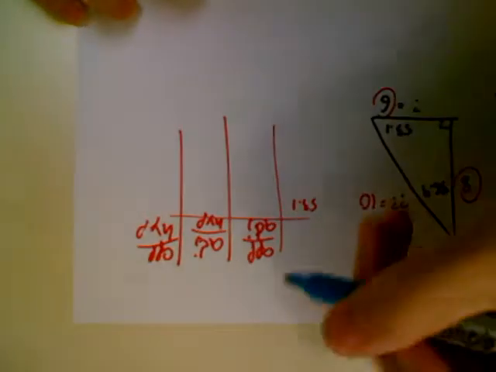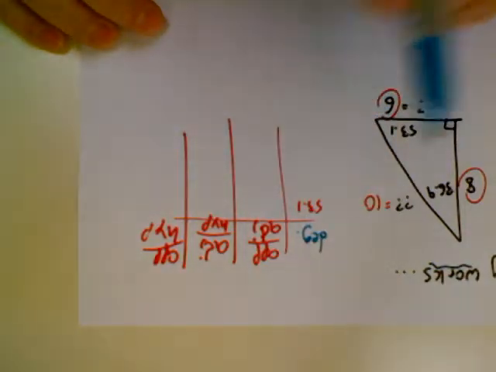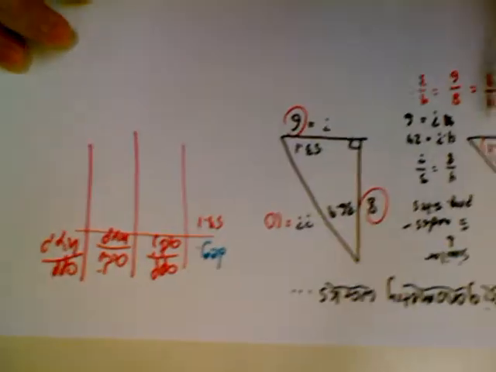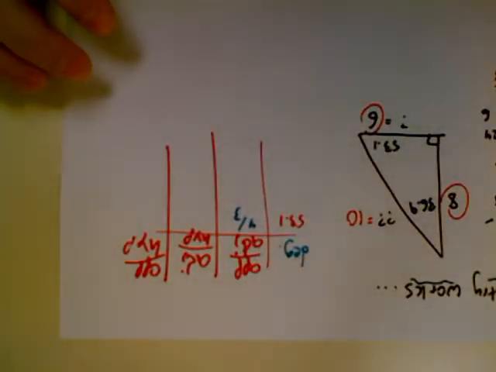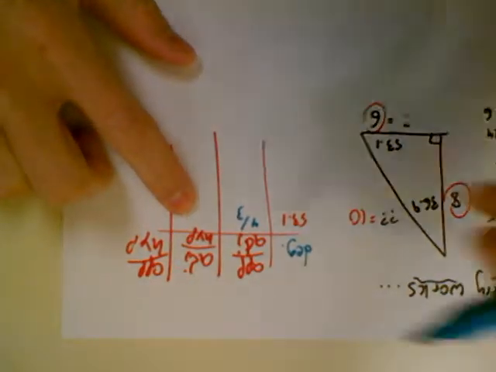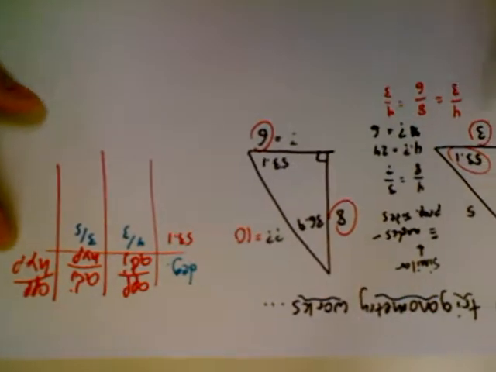So if you've got an angle of 53.1, you know that the opposite over the adjacent side, if you look back at our triangle here, is 4 over 3. We know that the adjacent and the hypotenuse is going to be 3 over 5. And we know that the opposite and the hypotenuse is going to be 4 over 5.